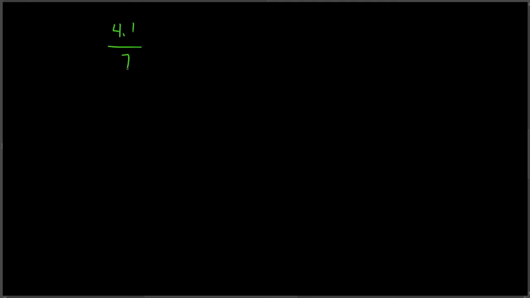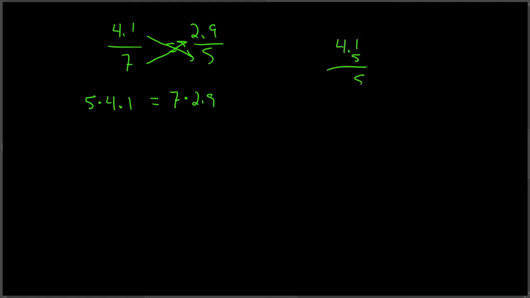4.1 is to 7 as 2.9 is to 5. So I'm going to make a cross product out of this. So 5 times 4.1 equals 7 times 2.9. Now let me do the multiplications out. 4.1 times 5 is 20.5.